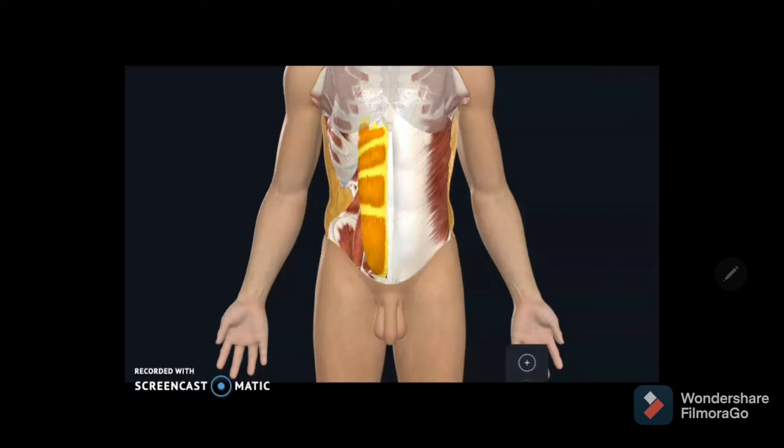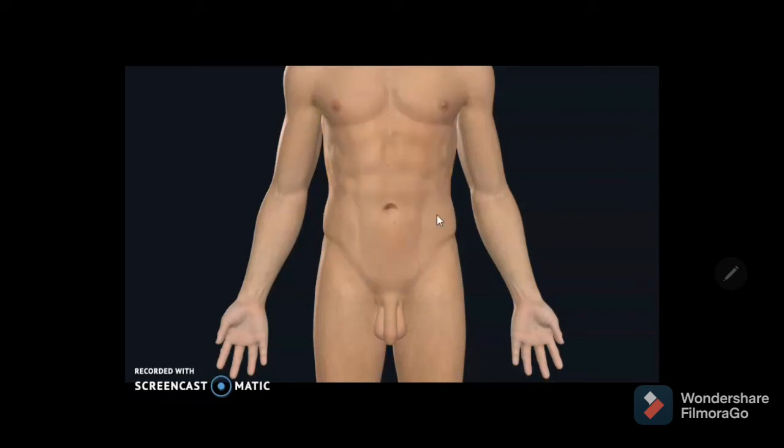They act as a musculofibrous shield to the abdominal viscera. So skin, superficial fascia, external oblique, internal oblique, transversus abdominis, then fascia transversalis, and here you can see the abdominal viscera, gut tubes and all.